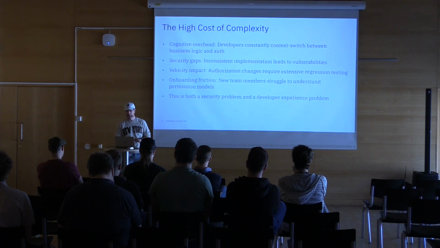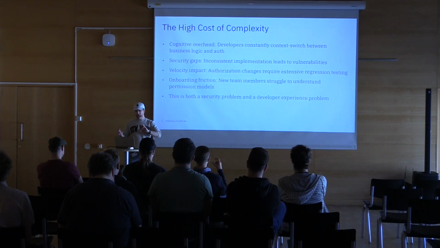It sucks. But there's a cost involved with this, right? It's not just that the experience sucks; it's that this actually costs money. We have developers constantly context switching between features and permissions. We have business logic all tangled together with these authorization checks, and you get security issues when permissions are inconsistently applied across the code base.